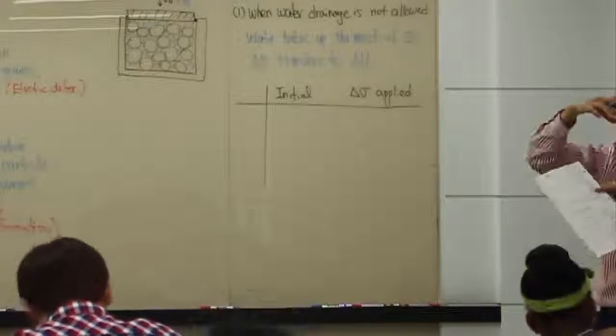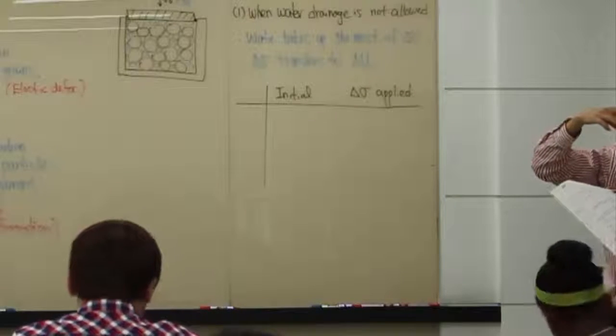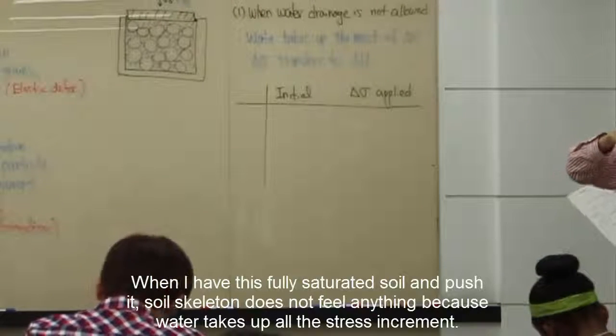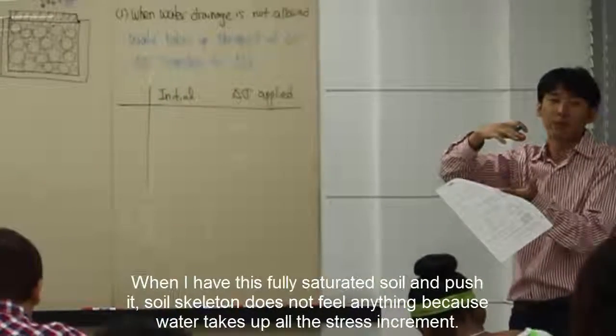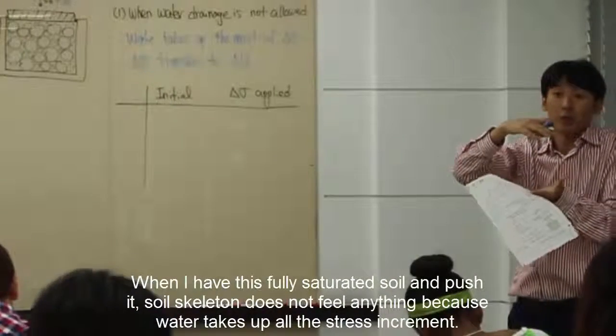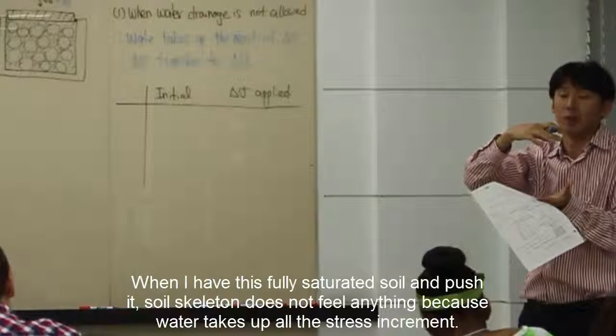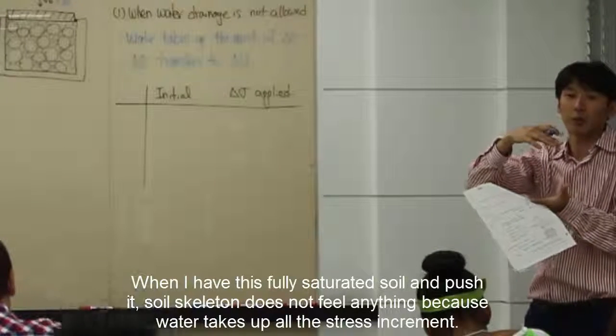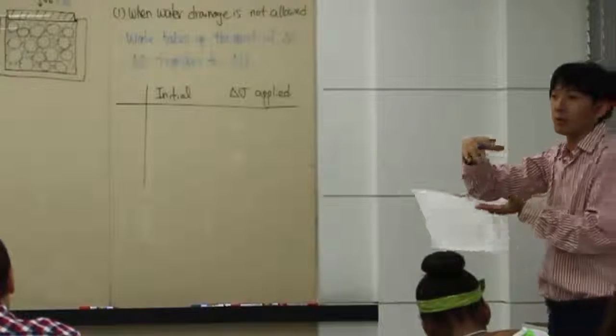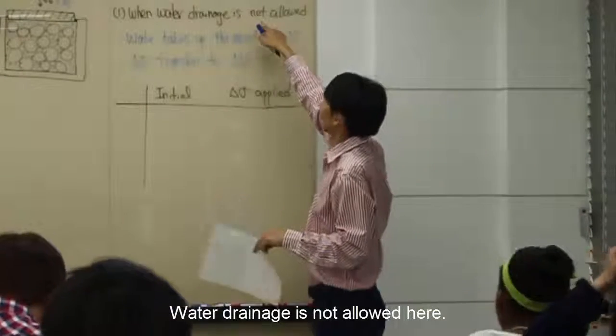So I have a soil mass, fully saturated soil, and when I push it, the soil skeleton doesn't feel anything because the water is resisting all the stress, because water drainage is not allowed in this case.